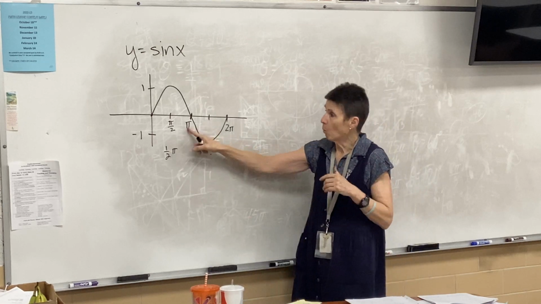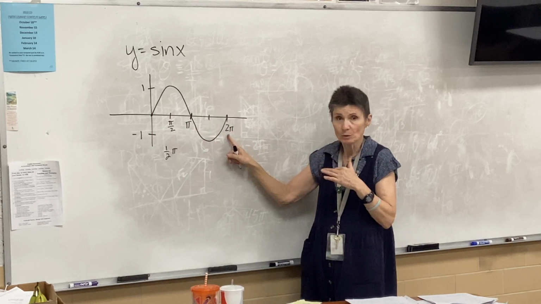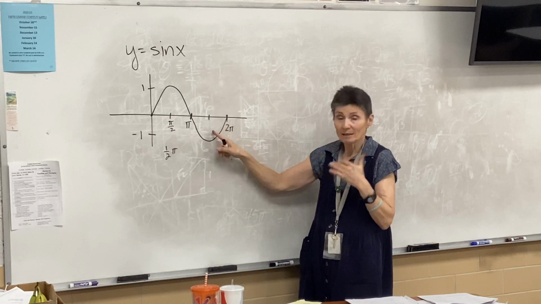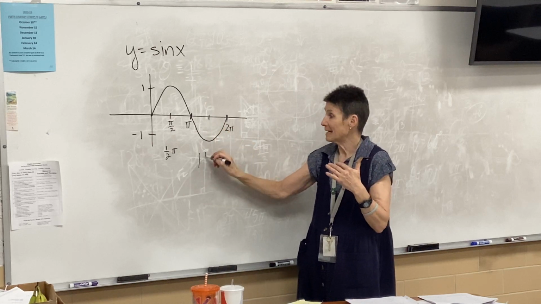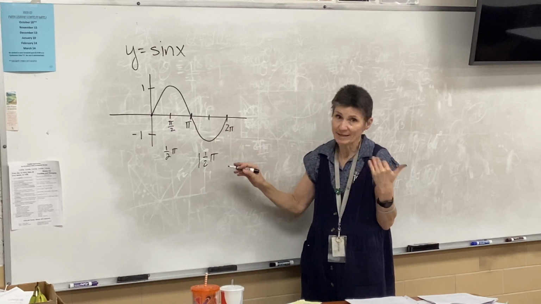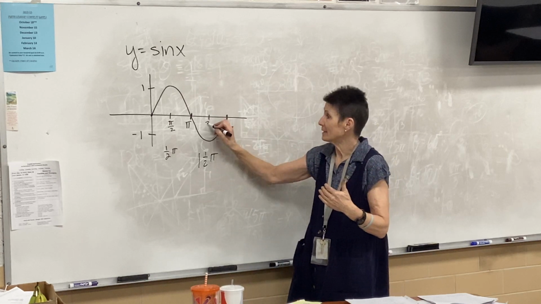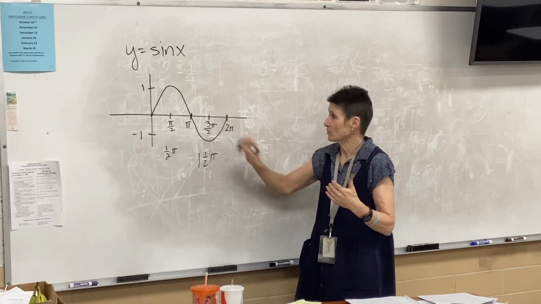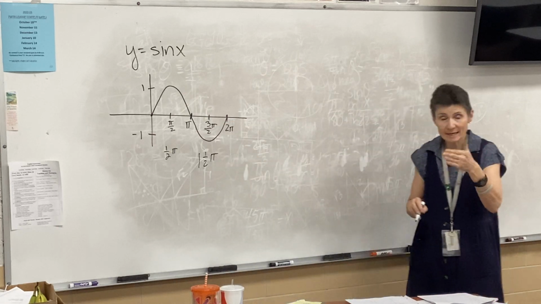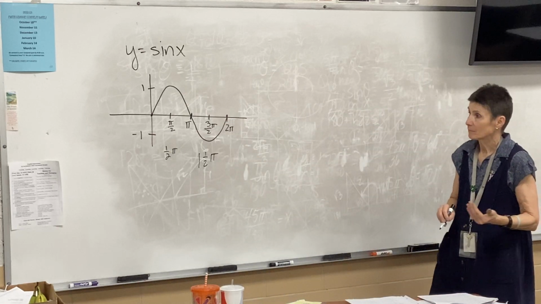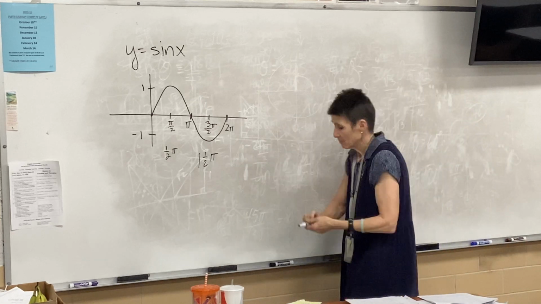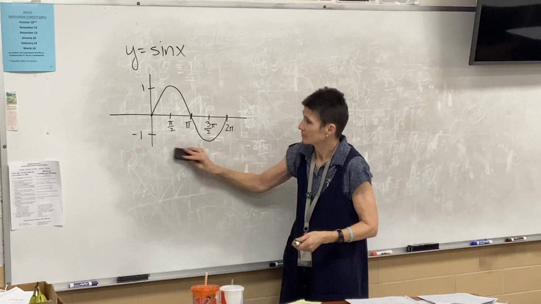And then this is 1 and 2. So right in the middle of that would be 1½ pi. Now we never write that. It is 1½ but we write it as 3 pi over 2, 3 halves. That is your sine picture.